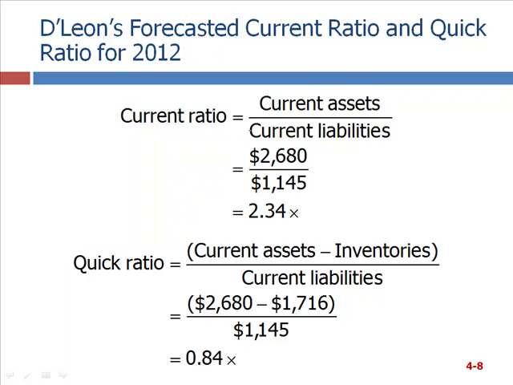It means that for every dollar that we have in short-term debt that has to be repaid sometime over the next year, we have $2.34 in current assets. In other words, short-term assets. So as long as everything goes according to plan, we really should be able to pay our bills over the next year.